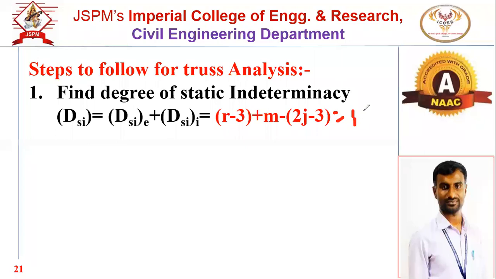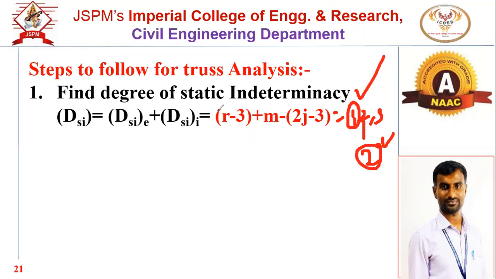You may get 1, you may get 2, or you may get 3. Generally for the truss, the maximum value they will ask in the examination is mostly up to 1 till now. The DSI value is 1 in the problems asked so far, as per your syllabus, 2015 course. So at most they will ask up to DSI value 2, not above 2 in trusses, because numericals on trusses are rarely asked.